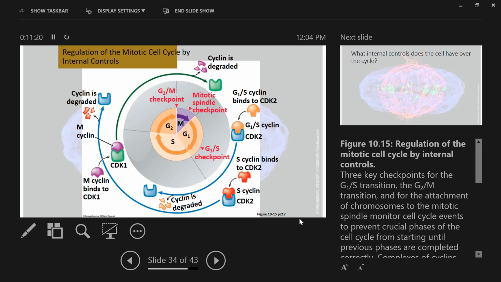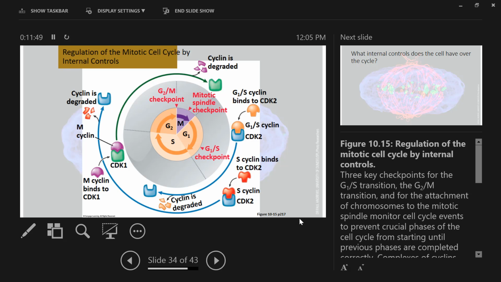So a kinase is an enzyme that activates another enzyme. And this is called cyclin-dependent kinase, meaning the kinase can only do its work in the presence of what it's dependent on, which is cyclin. So if you have the right cyclin to activate this enzyme, then this enzyme can phosphorylate other enzymes, turning them on, allowing the cell to progress past that checkpoint.